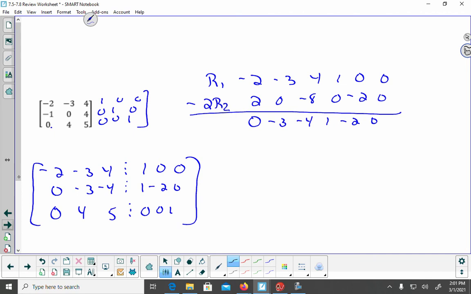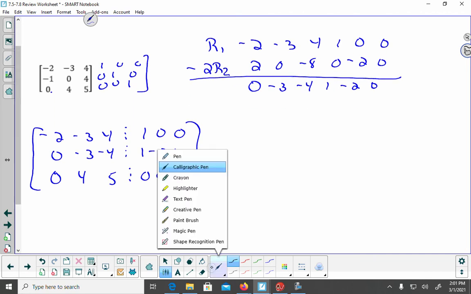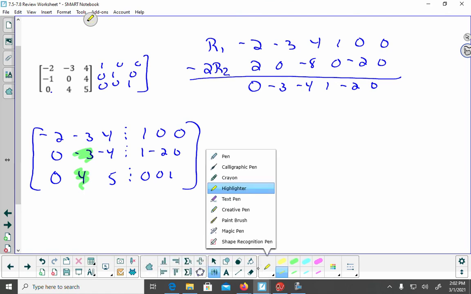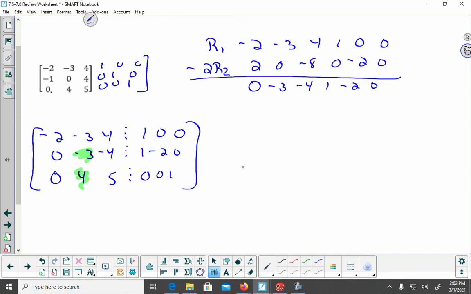Now, the next thing I'm going to do is look at row 2 and row 3 to eliminate the y, and I am going to choose to multiply. I'll multiply row 2 by a positive 4.